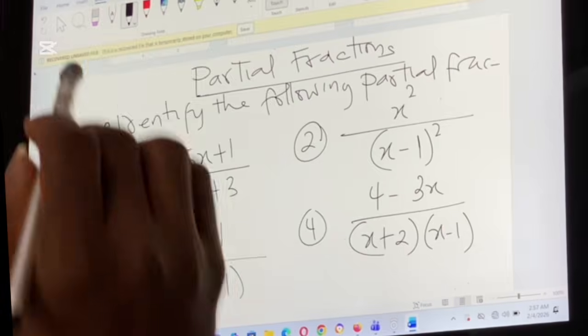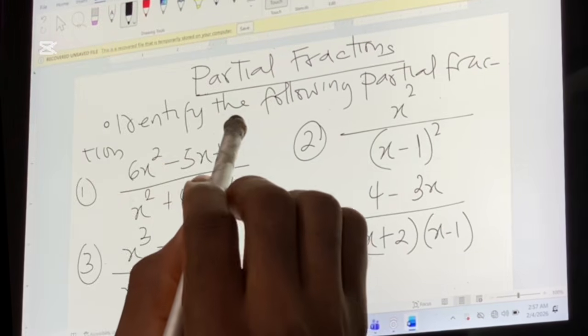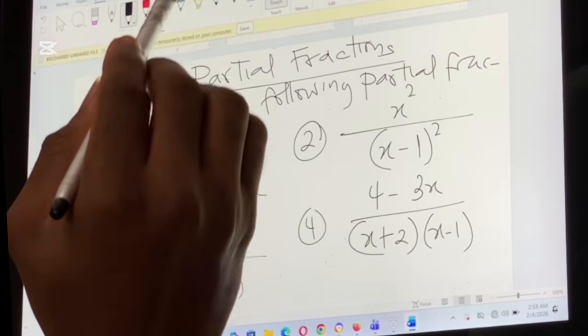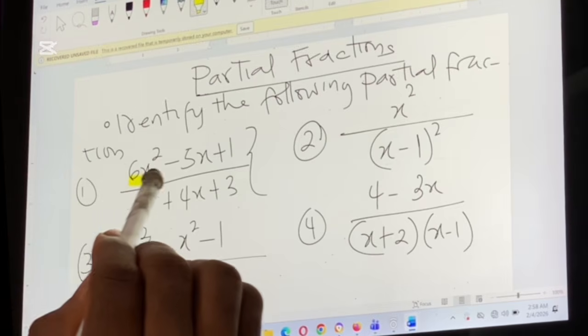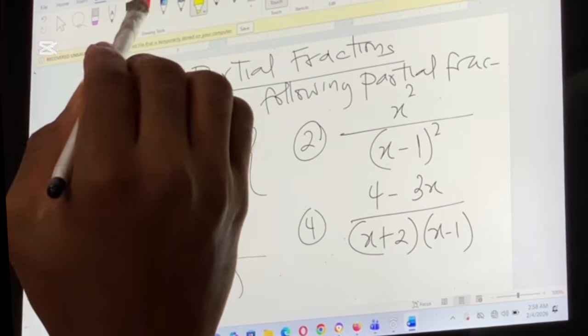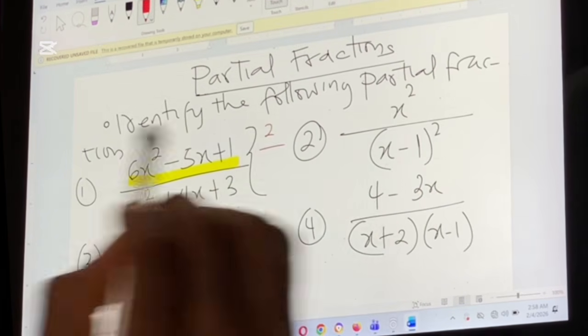Okay. Now let's identify the highest degree here. For this, at the numerator, which is this part here, the highest degree of s is 2. So this is 2 over, and the highest degree of s at the denominator will be 2. Since they are equal, we call this, class, improper. Okay. Now let's go to this second one here.